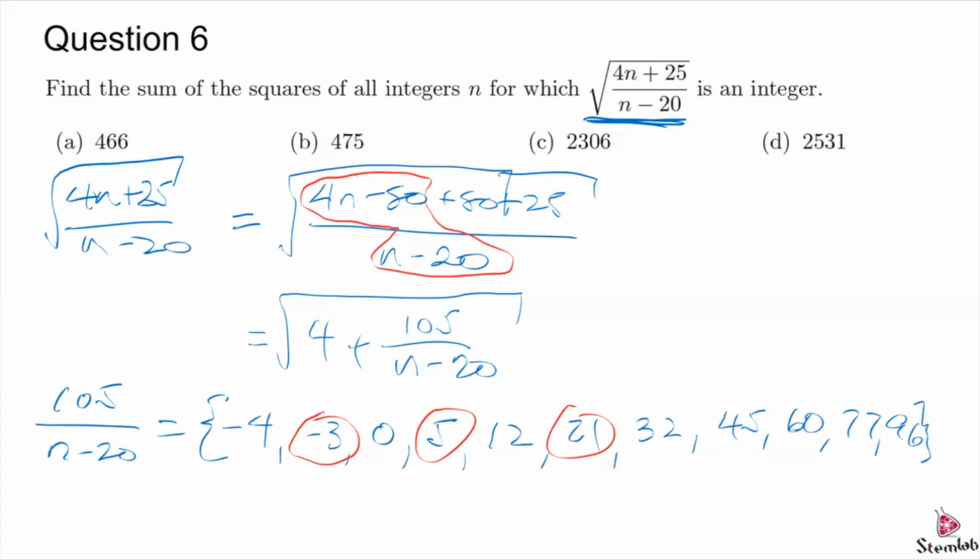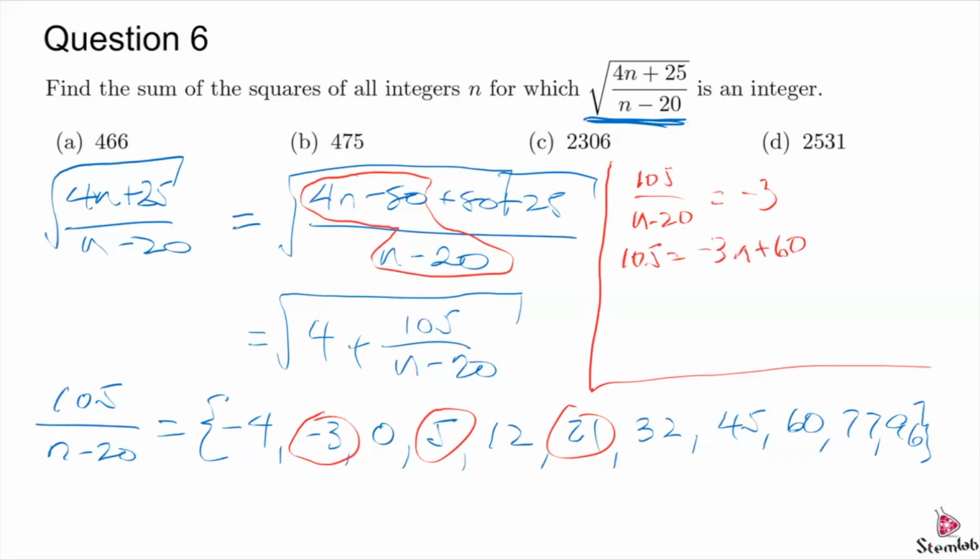First, 105 over n minus 20 equals -3. That means 105 equals -3n plus 60, and 45 equals -3n, which means n equals -15. So that's 1.